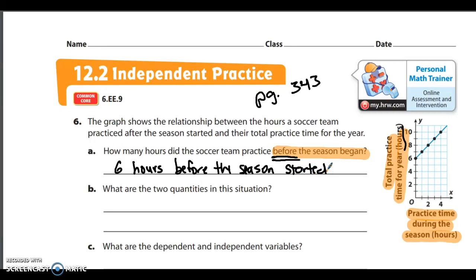All right, B says, what are the two quantities in this situation? These are the two things on the axes. It's the practice time during the season, and it's the total practice time for the year.